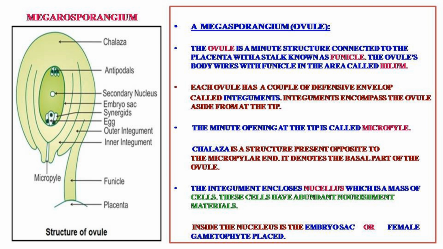In the chalazal end, there are three antipodals. The egg, synergids, and antipodals are haploid in nature. Two polar nuclei, which are in diploid condition, are seen at the center of the embryo sac. Now, all the explanation is given here. Along with the diagram, you can verify it.